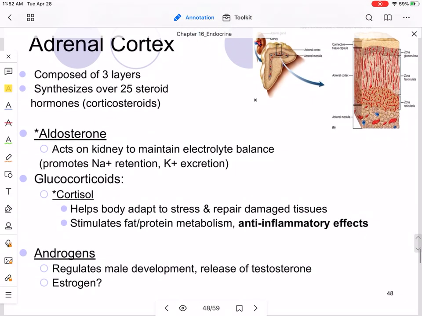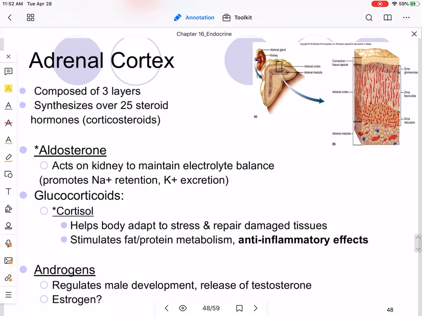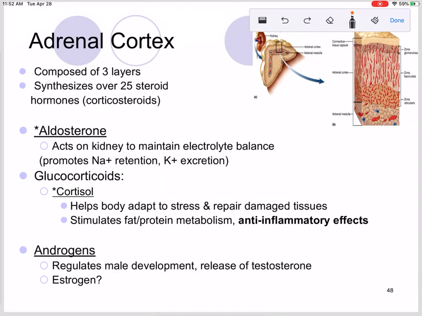So think of the adrenal medulla, the inner part of the adrenal gland, as our short-term response to stress, epinephrine and norepinephrine. On the other hand, we're going to classify the adrenal cortex hormones as our body's long-term response to stress.